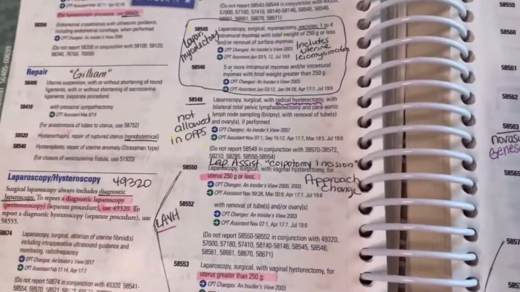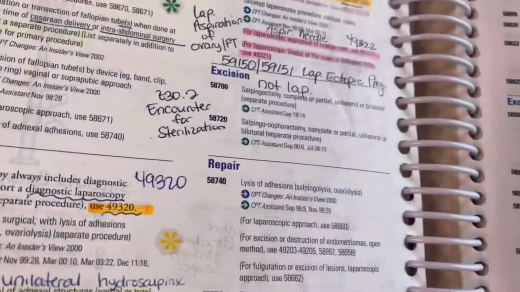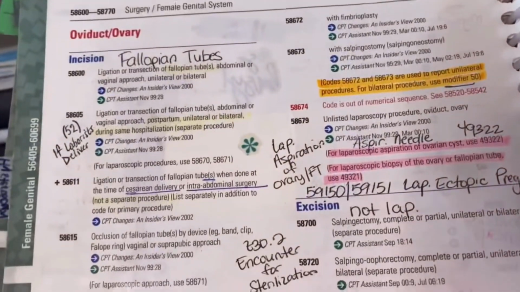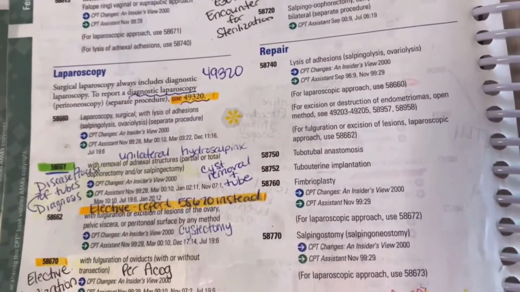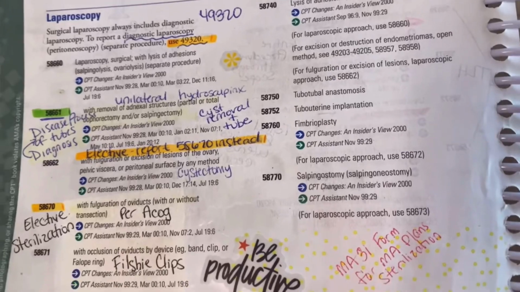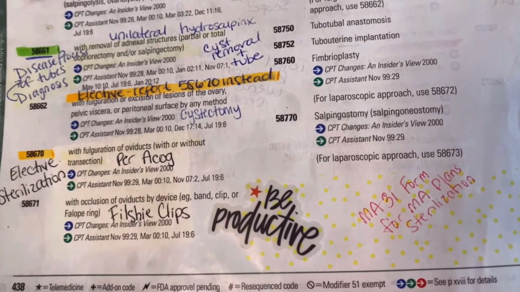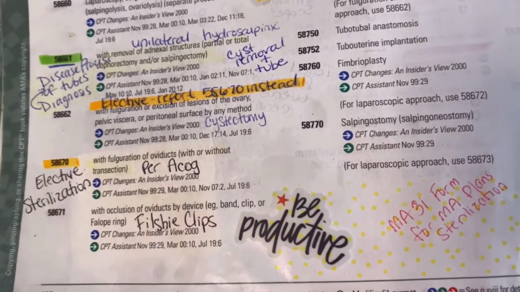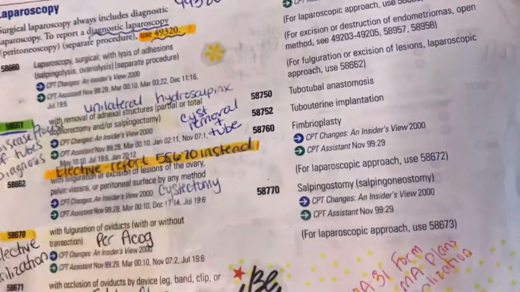So I'm going to go this way to the oviduct and ovary, and this was a laparoscopic procedure, and I'm going to report the 58670. And for my sterilization diagnosis, you would have to go to sterilization.